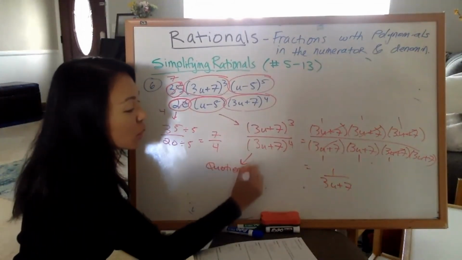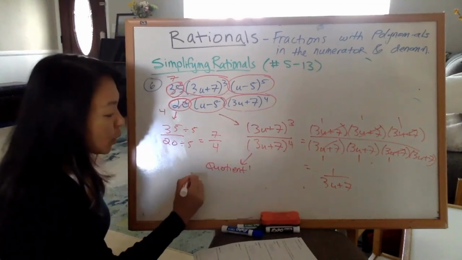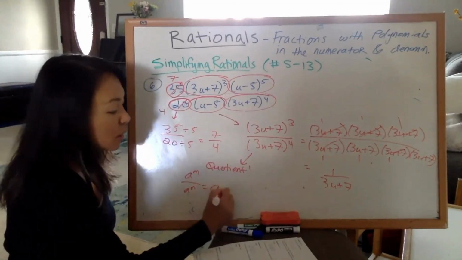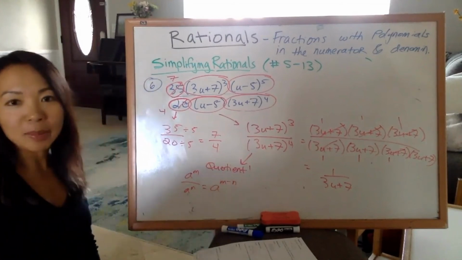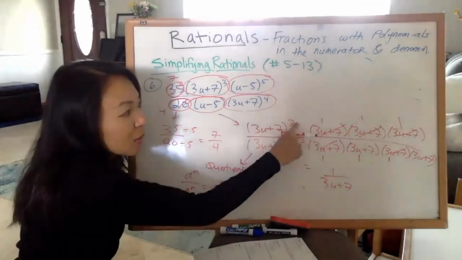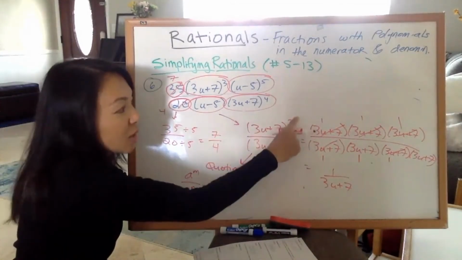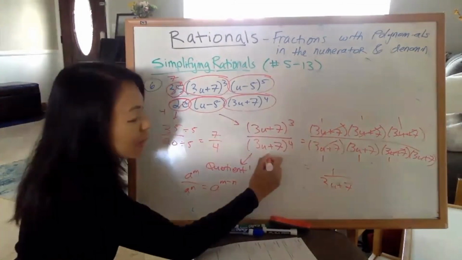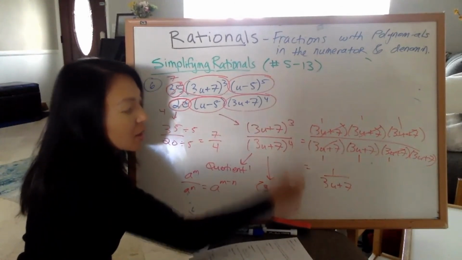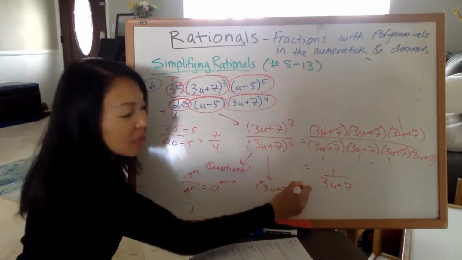The quotient rule says that if you have a to the m over a to the n, remember what you do? You do the top exponent minus the bottom exponent. Here the bases are the same. So if I do 3 minus 4, the top minus the bottom, I end up getting 3u plus 7 to the power of 3 minus 4, which is negative 1.